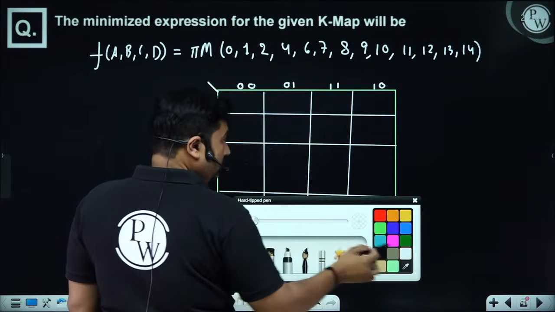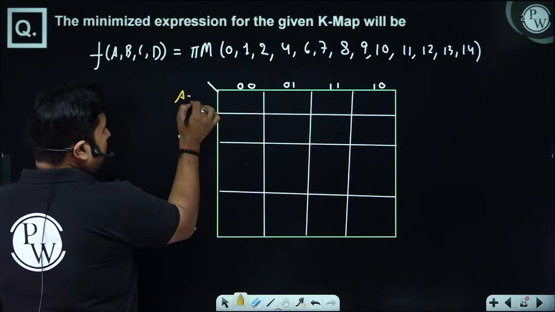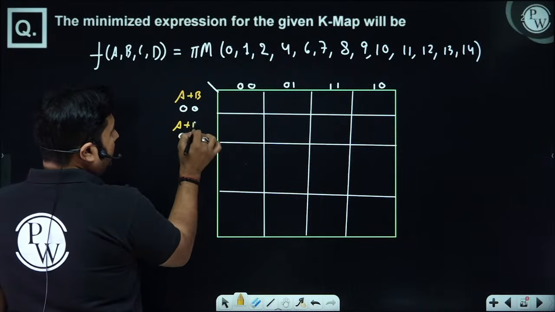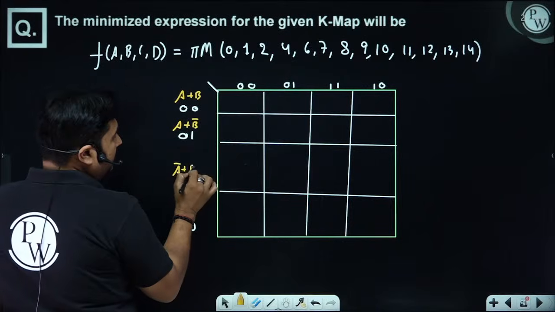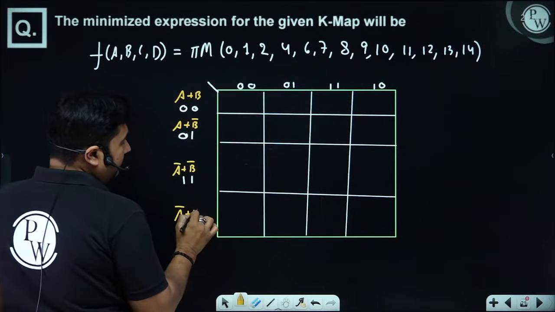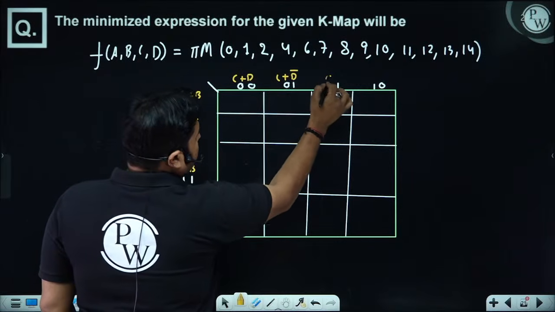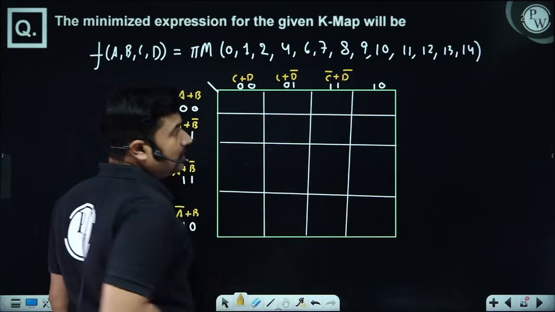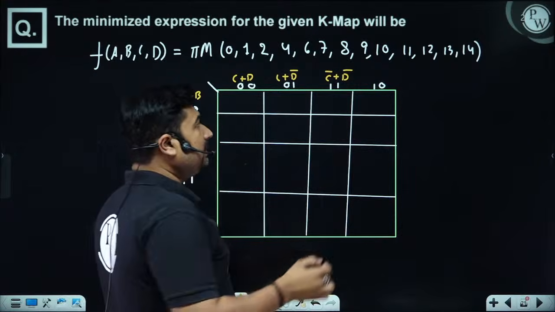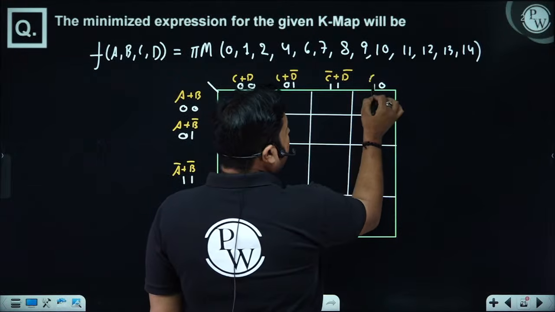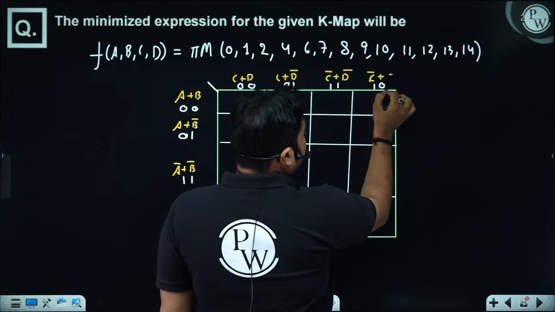So you can represent like A plus B bar, A bar plus B bar, A bar plus B, C plus D bar, C bar plus D bar. In POS, logic level 1 is represented by the complemented variable, and logic level 0 is represented by the variable.